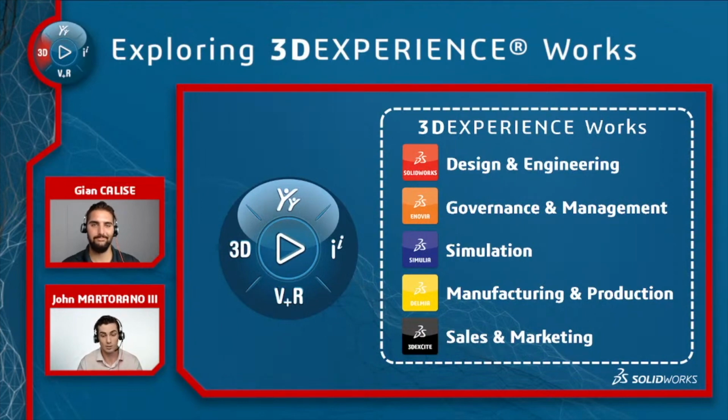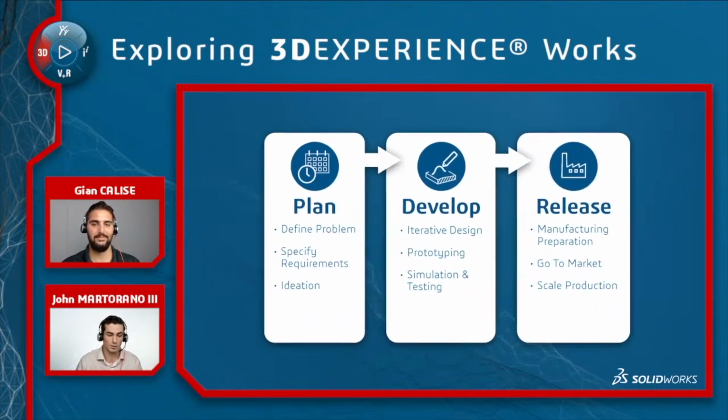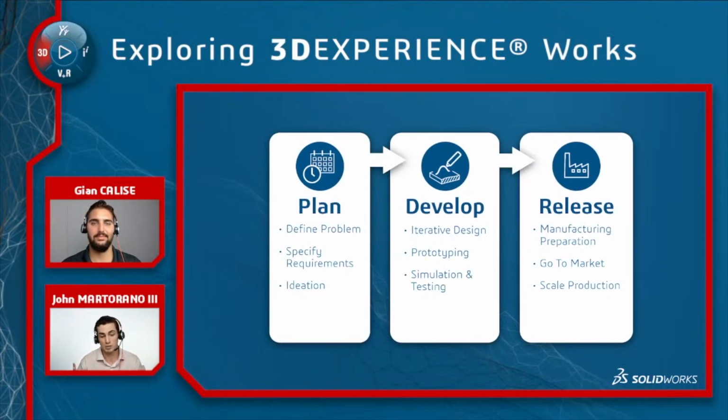So this that you see on screen is 3D Experience Works. So what does this product development process look like? In its simplest form, it's plan, develop, and release. And if you're SolidWorks users, as many of you are, I'm very familiar with that second developing phase of the process.